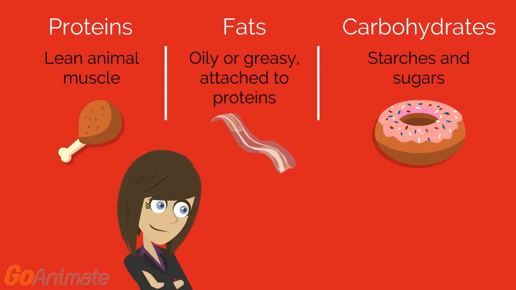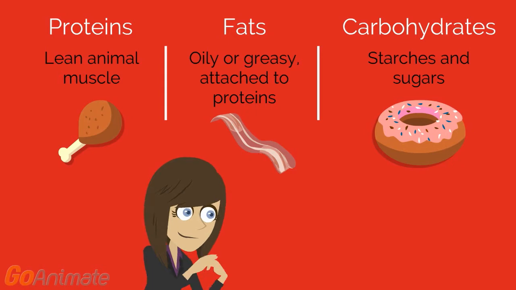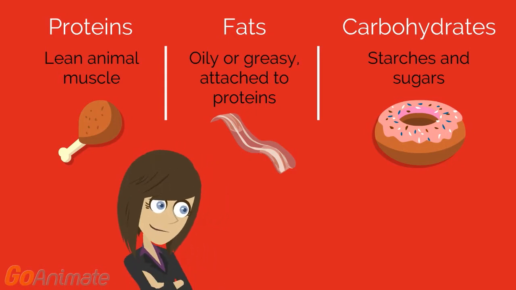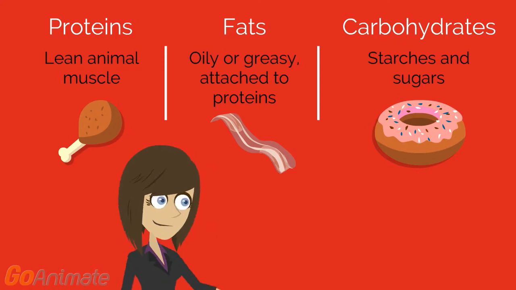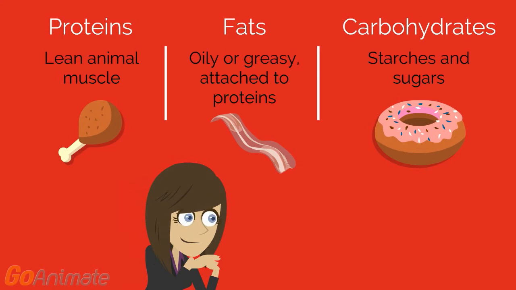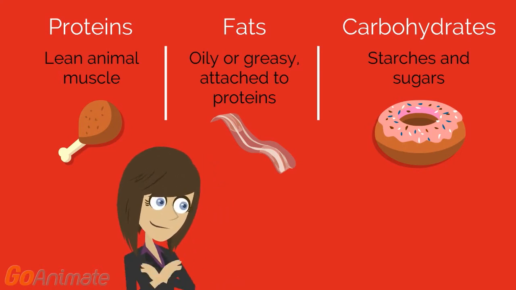Fats are a natural oily or greasy substance that occurs in animal bodies, especially when deposited as a layer under the skin or around certain organs. So we'll see fats attached to proteins like a steak, and it's generally, and it should be, white in color.